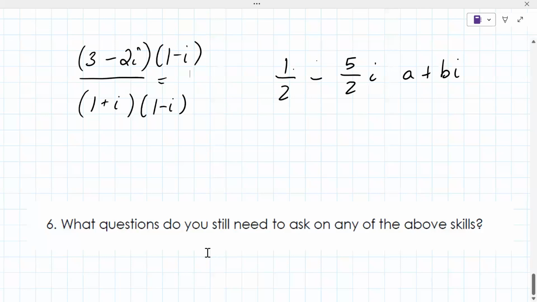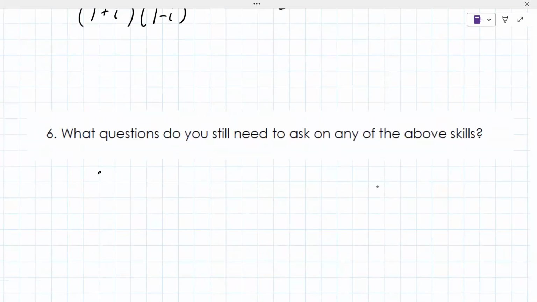I do think this question on the bottom here is good. It's for you to think about, like we just did a lesson on a lot of things. What do you feel strong about and what do you feel weak about? We did a number of factoring problems, completing the square, quadratic formula.